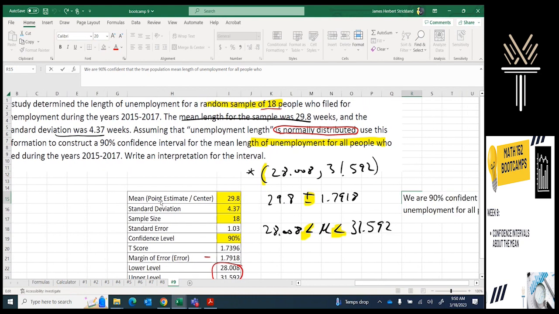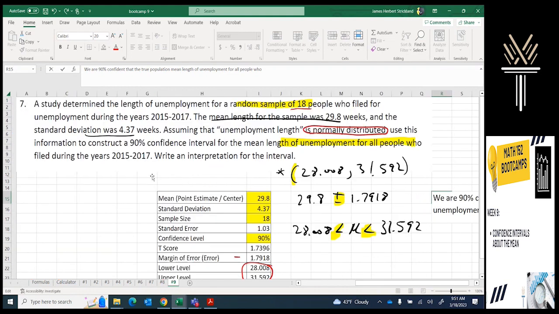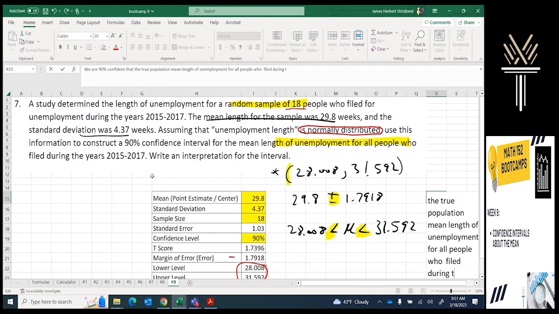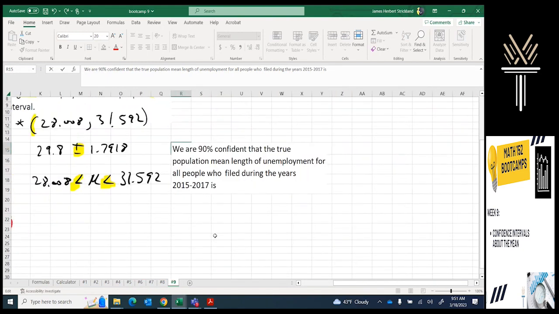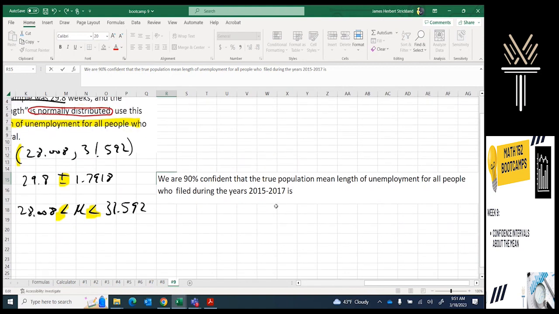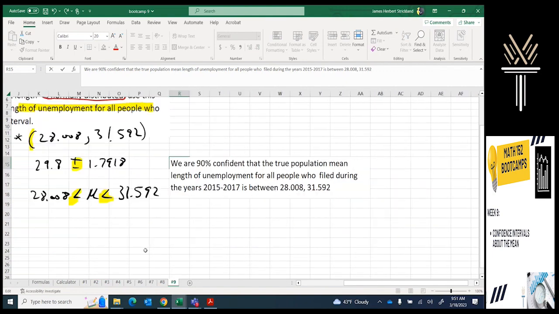Of all people who filed, and this is what you will do, you just literally verbatim repeat what it's telling you. Who filed during the years 2015 to 2017 is, and now I can plug in my findings, let's just say between 28.008 and 31.592, and our information was all about weeks, so we'll say weeks at the end.